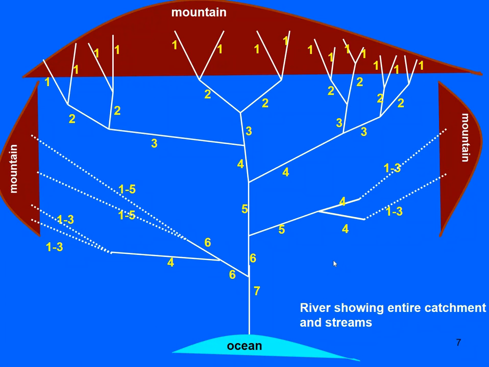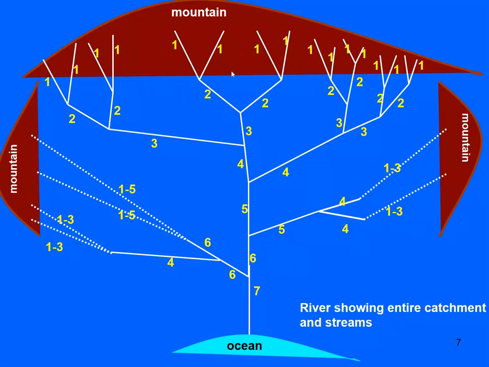So there are exceptions like that. And there are even rivers that start in more low-lying areas. But this is the more traditional type of river that you're going to find most often in the world, and especially in larger river systems.